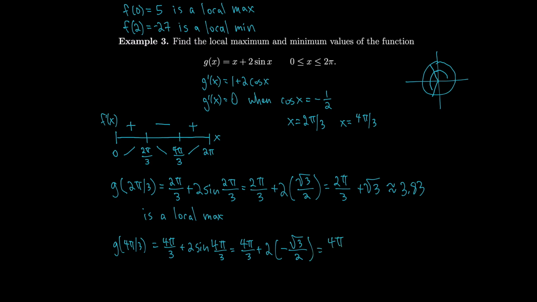And we get 4 pi over 3 minus rad 3, which is about 2.46. So that is a local minimum. Because we go down until we can't go down anymore and then go back up.